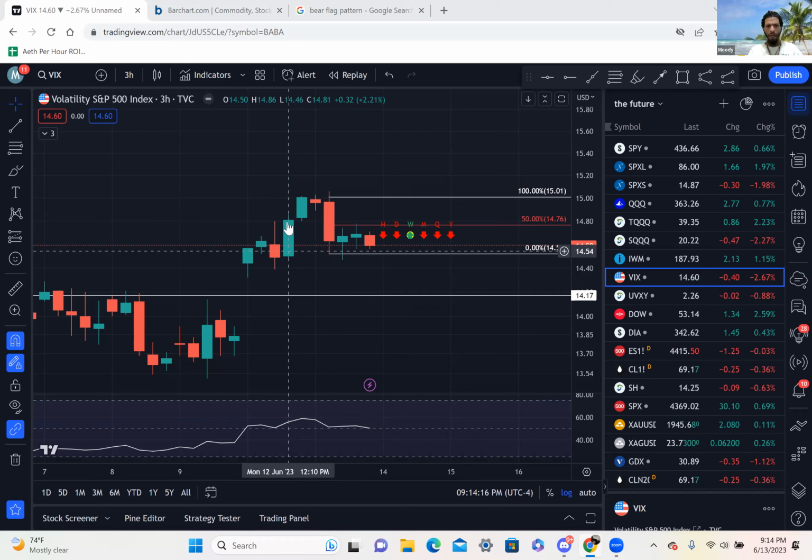So we had a nice bull flag right here, like a nice pole, and it was a bull flag. The reason I'm saying it was a bull flag is because of the opening price of this candle. Let me just teach you. Look at the closing price right here of this candlestick, it's 1481, and if we look at this one, the opening price is 1483.